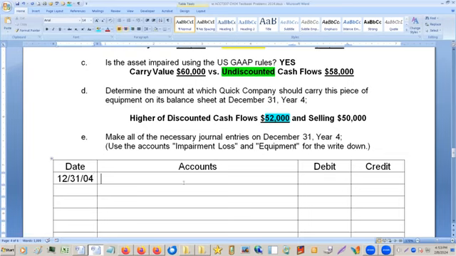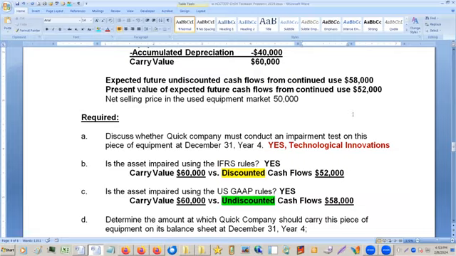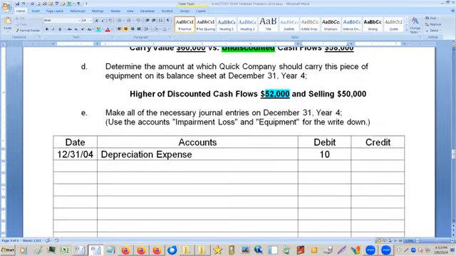Okay, so I think we still put the depreciation expense, which is 10,000 a year. And the accumulated depreciation, $10,000.